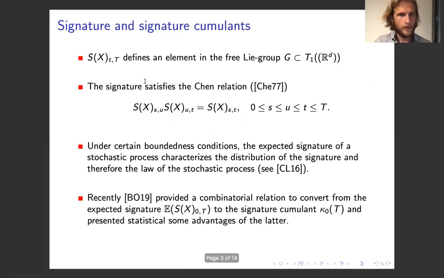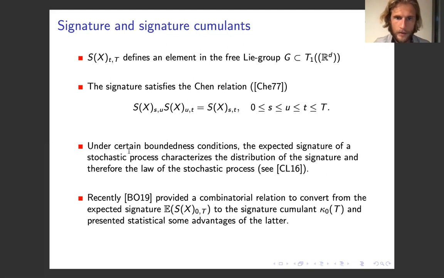Okay, let me give a few facts about the signature and the signature cumulant. The signature defines an element in the free Lie group, which is embedded in the space of tensor series. The signature satisfies the chain relation. That is, if I look at the signature at two consecutive intervals and I multiply them, then I obtain the signature on the entire interval.